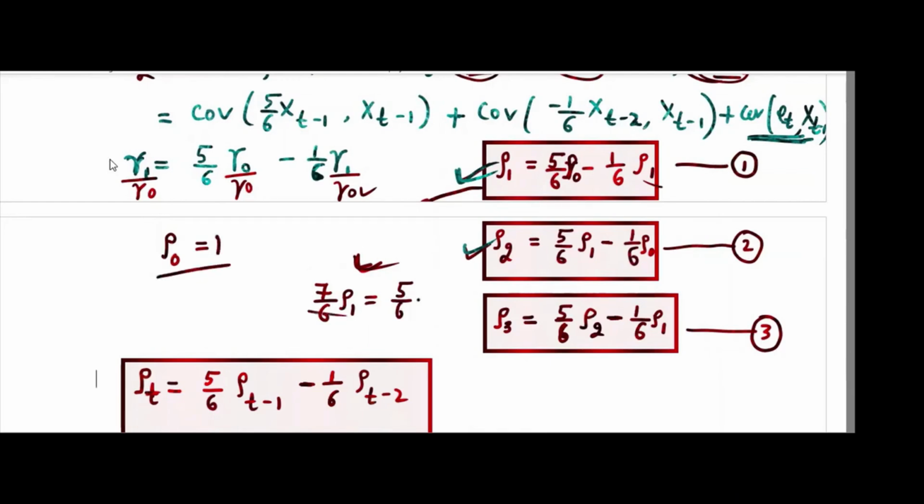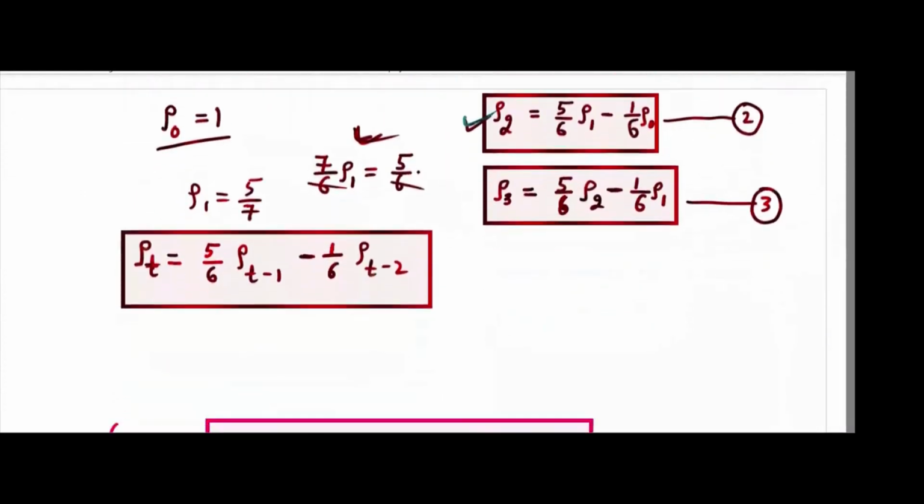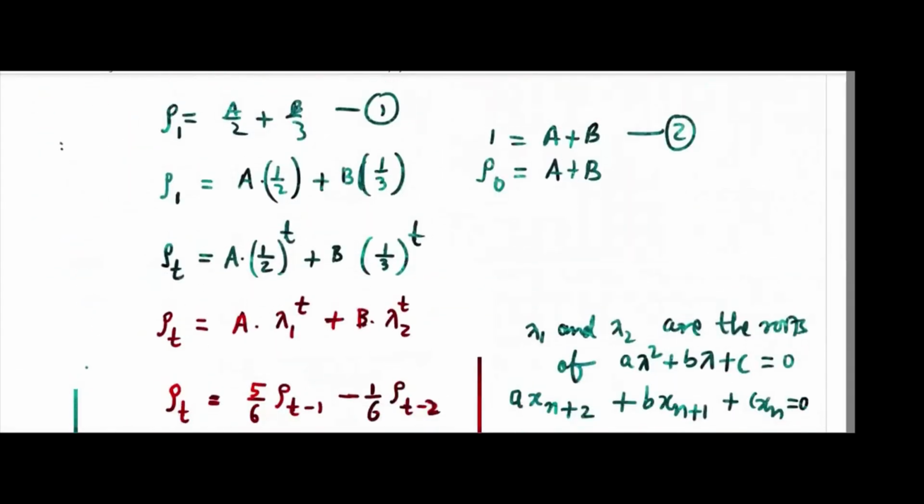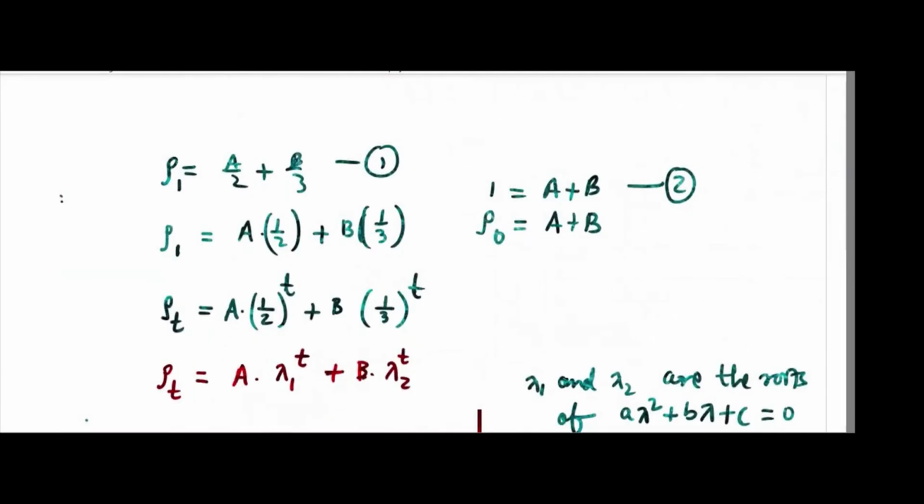You can cancel this also. So rho 1 will be equal to 5 upon 7. I'll replace it by 5 upon 7.